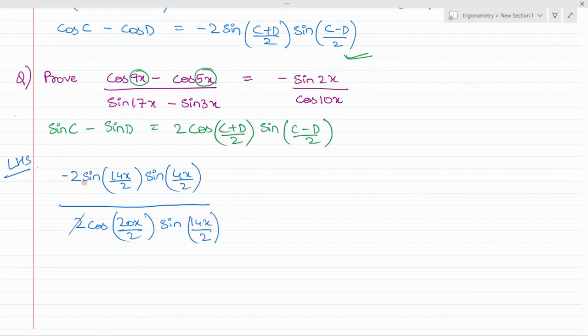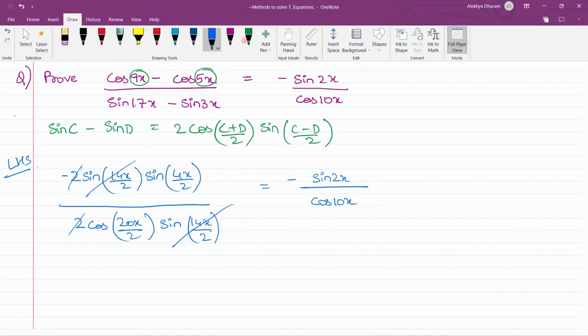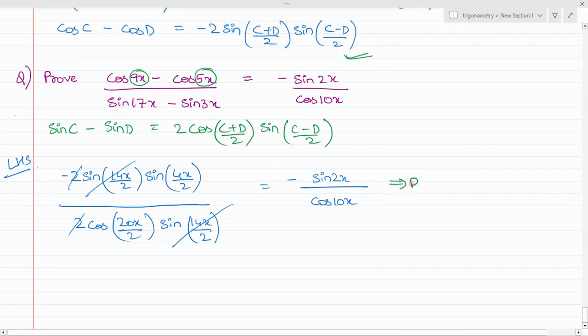So 2 gets cancelled, and if you observe, sin 14x by 2 and sin 14x by 2 also get cancelled. So the remaining is minus sin 2x by cos 10x. So this is the required RHS for this question.